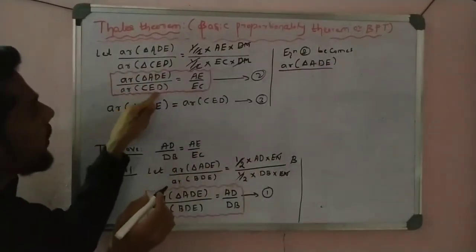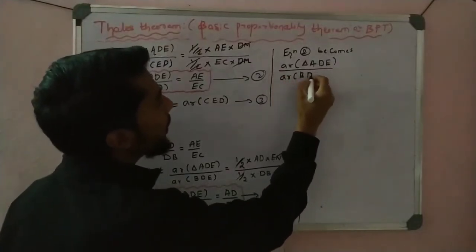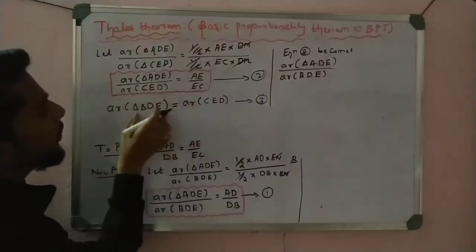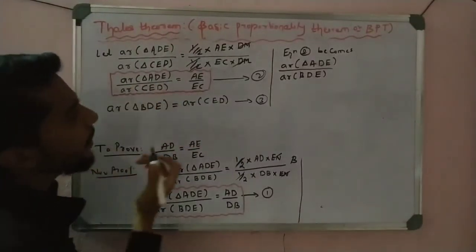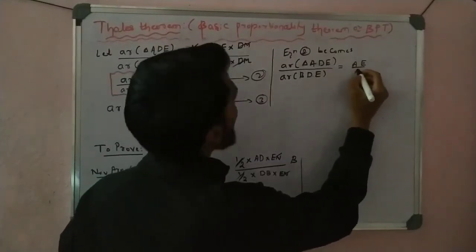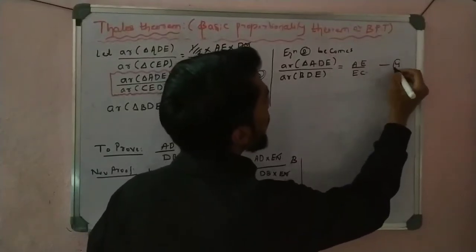In the place of CED I can write BDE. So equation 2 becomes area of triangle ADE divided by area of triangle BDE, correct? Because both are the same. CD is nothing but BD, so in the place of CD I can write BD. There is no problem. It is equal to AE by EC. This is the result, equation 4.